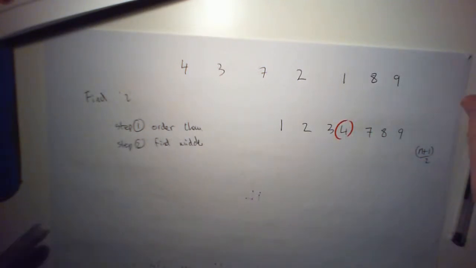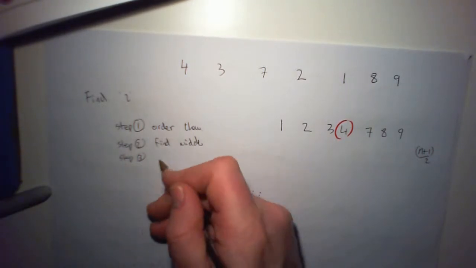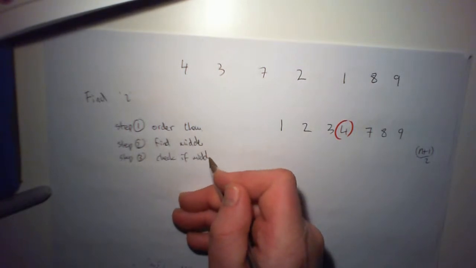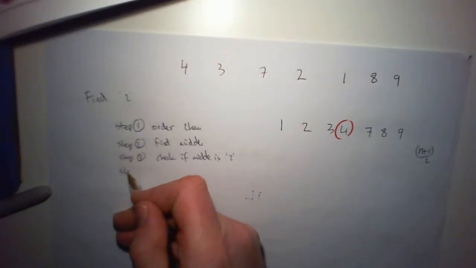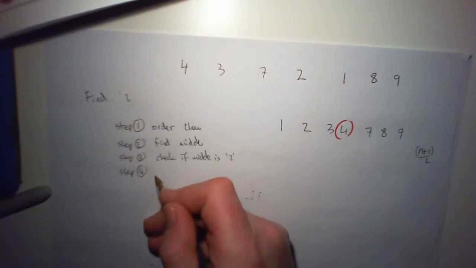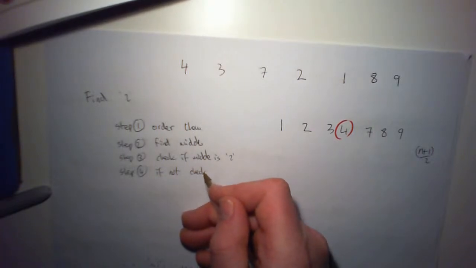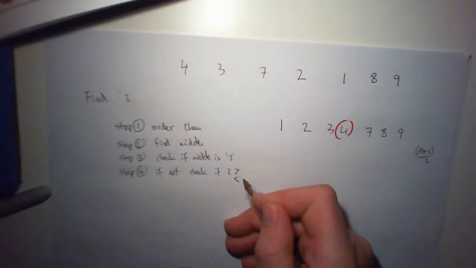Okay. Step 3. Check if middle is 2. Step 4. I'm just going to write all the steps here. If not, check if 2 is greater than or less than middle.